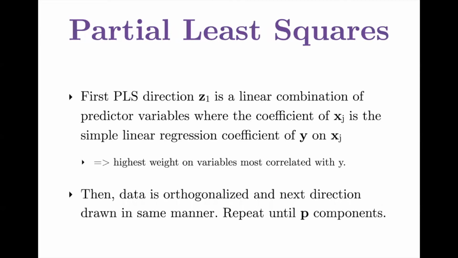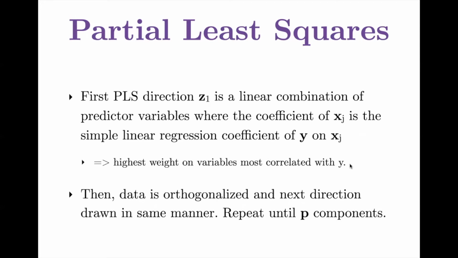Now, you don't have to understand all the mathematical details. Indeed, most of them are beyond what we talk about. But when we draw that first PLS direction, call it Z1, again, it's a linear combination of predictor variables. And here, the coefficient of the jth predictor variable is just the simple linear regression coefficient of y on xj.